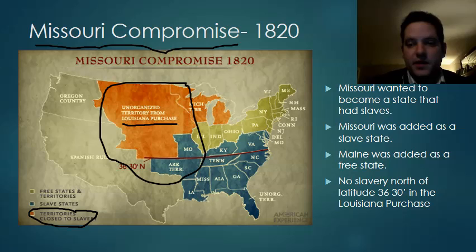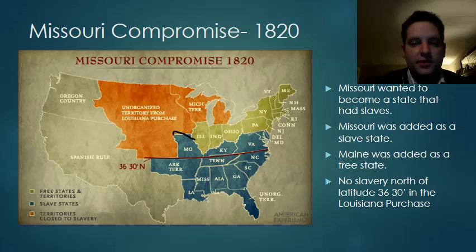Okay? So again, Missouri wanted to become a slave state. They do, in blue. Then Maine was added as a free state, which is right here.